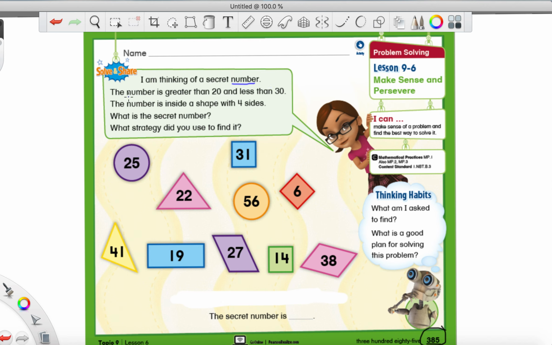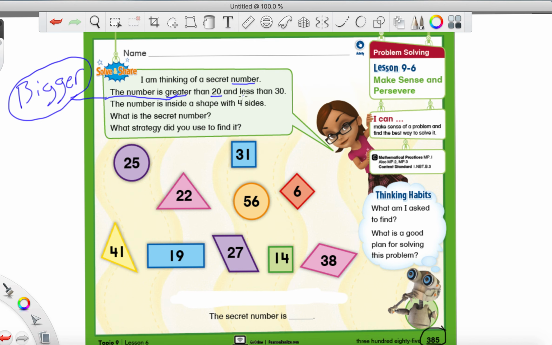Okay, next. The number is greater than 20. So when we think of the word greater, we have to instantly think of the word big or bigger. Okay. I'm going to circle the word bigger and draw a line from that to the word greater so we don't forget.